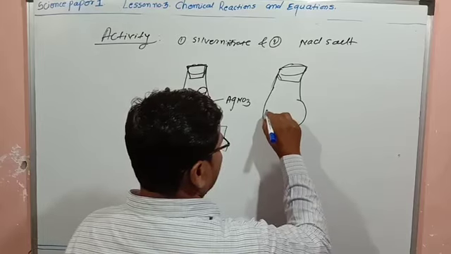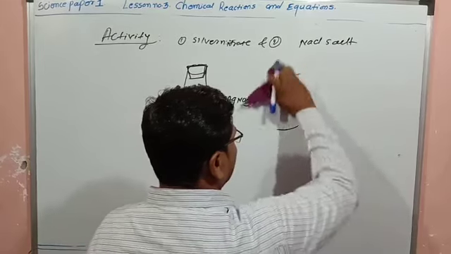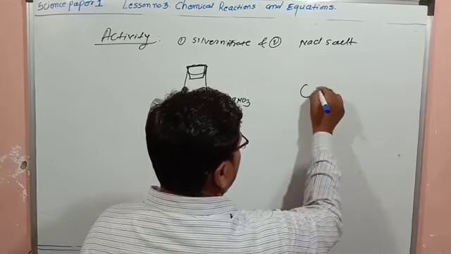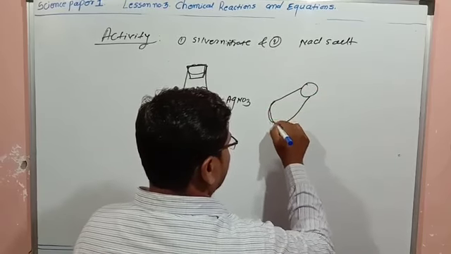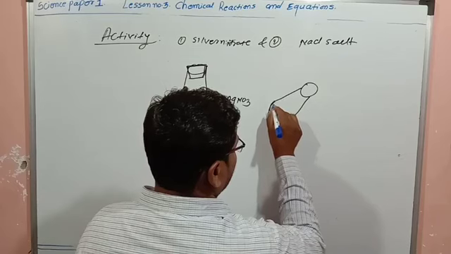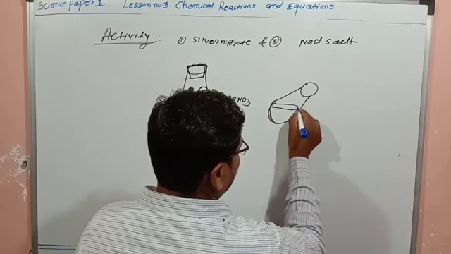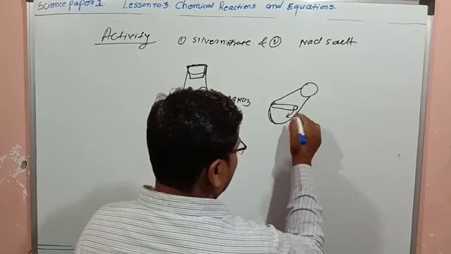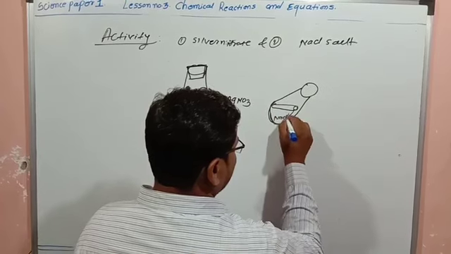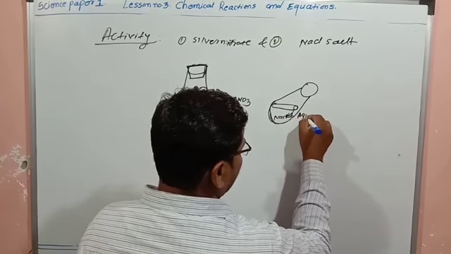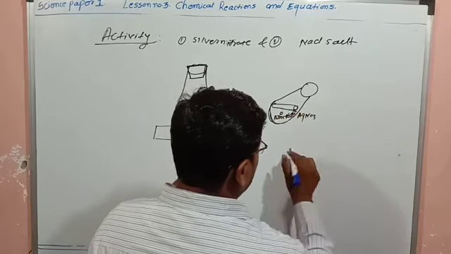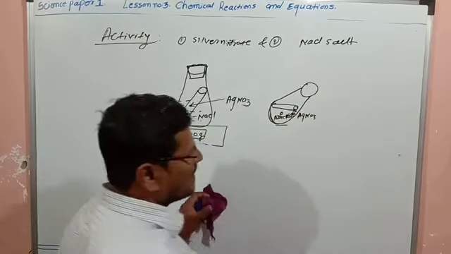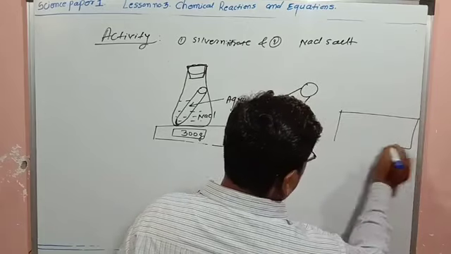Suppose you tilt like this, then the solution from that particular test tube will fall here. So here NaCl is there and AgNO3 is there. So mixing will take place.